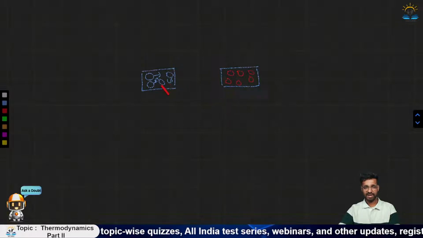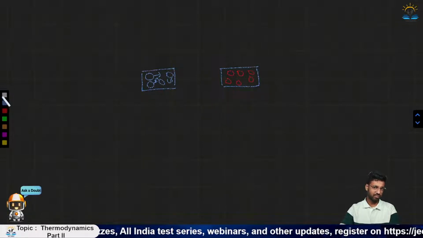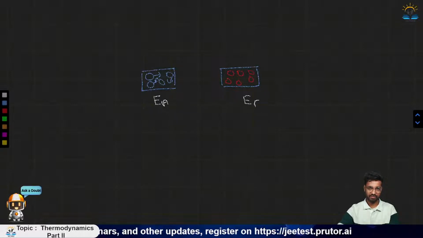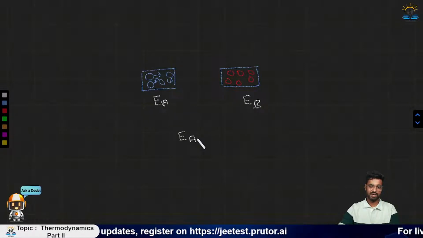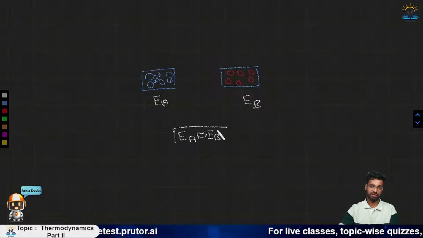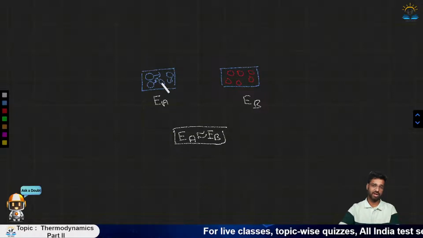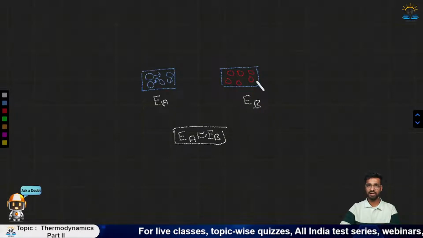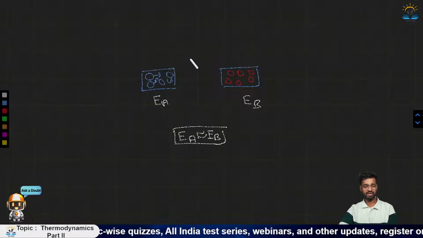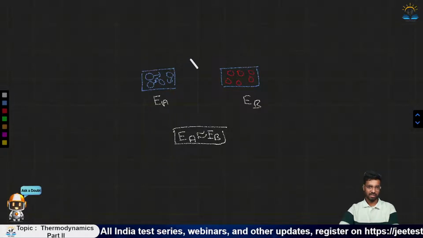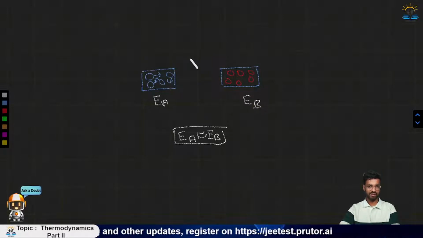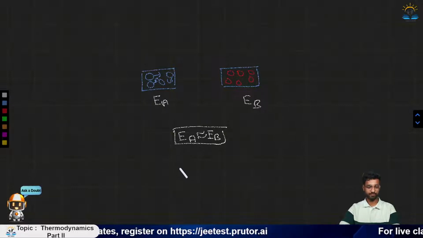Now if you consider the energy part here, suppose it is the energy of A and the energy of B. You can see that the energy of A is approximately equal to the energy of B. Why is it so? Because the particles are moving from here to there without any external factor. So with this increase in randomness, there is more probability that a system can exist in more than one way, and still it will have approximately the same energy.